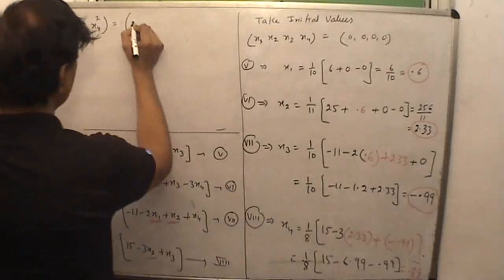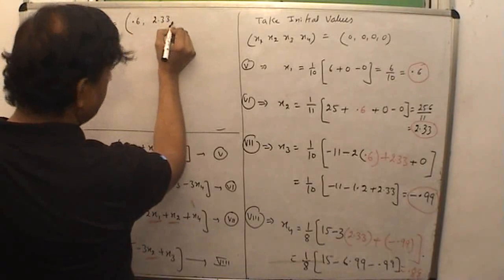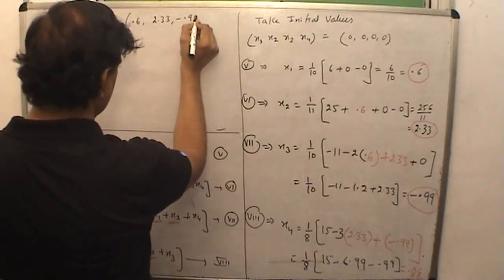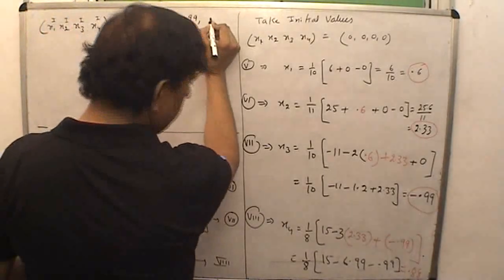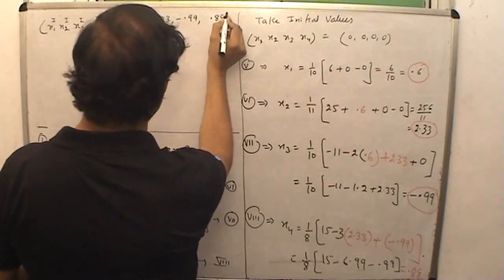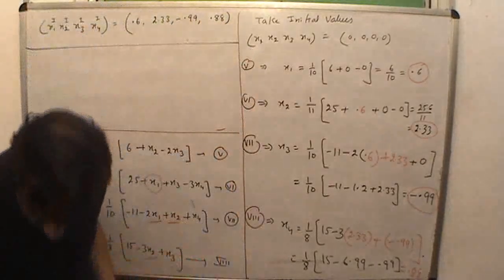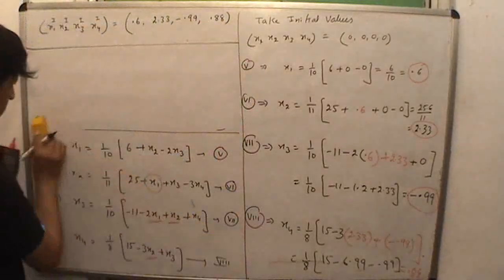That's equal to 0.6, 2.33, minus 0.99 and 0.88. In the same manner, we proceed for the second iteration.